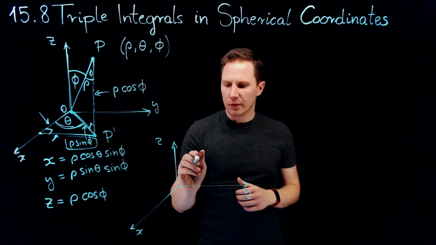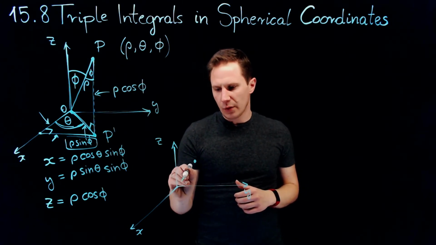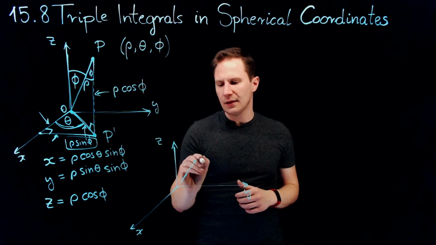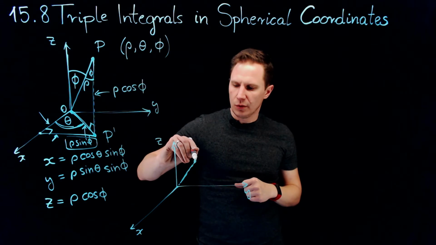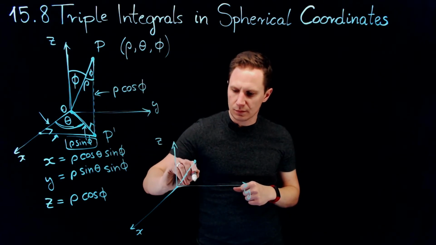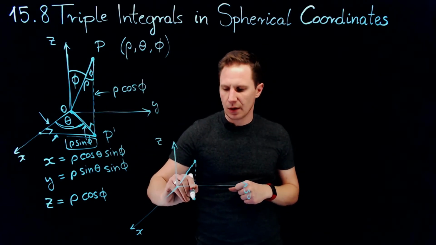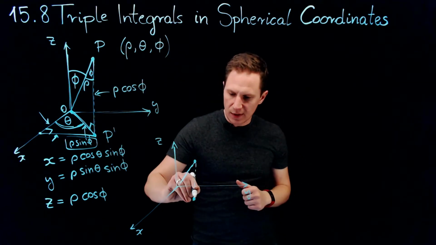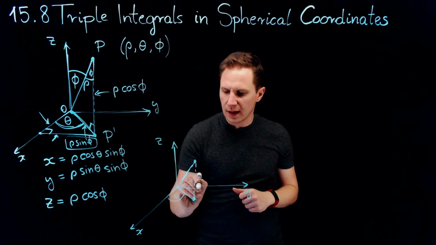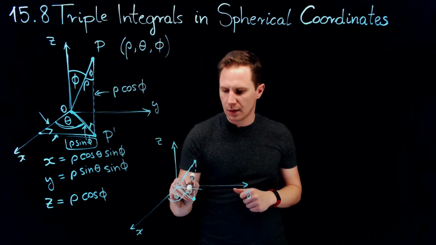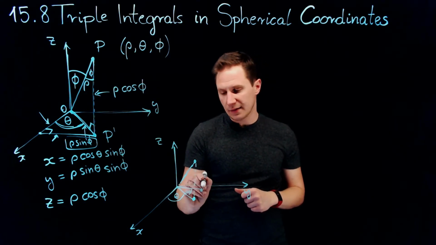So what happens when we take this point and add delta theta to our coordinates? Well, if this is theta, adding a small delta theta will take us to that projection.